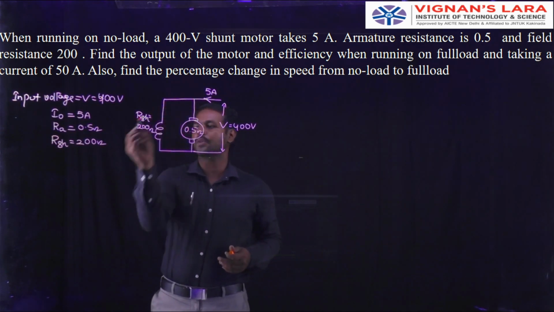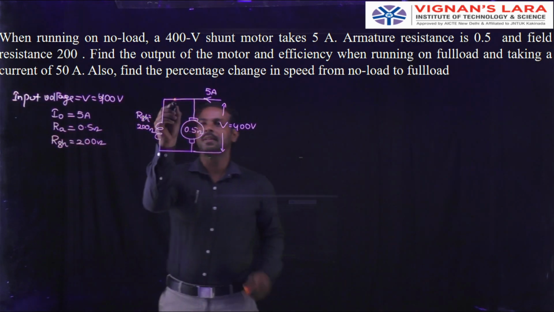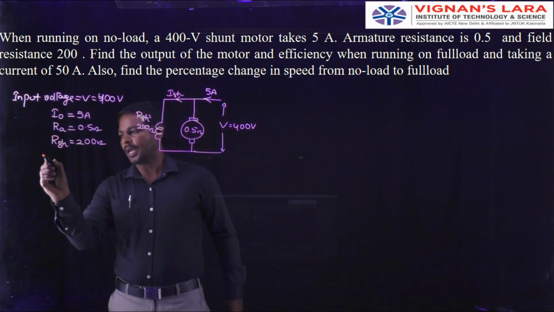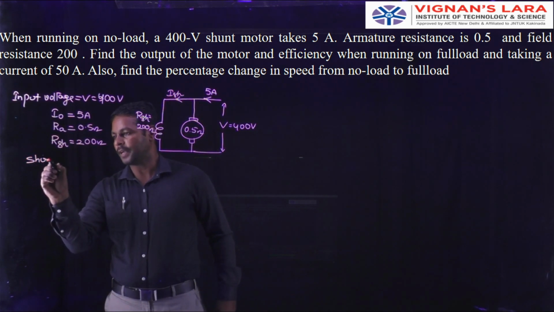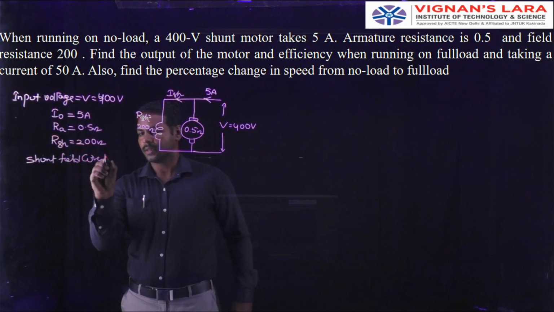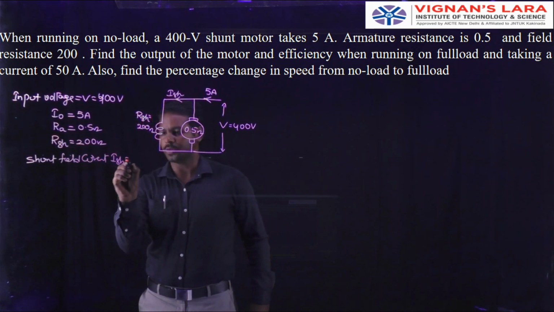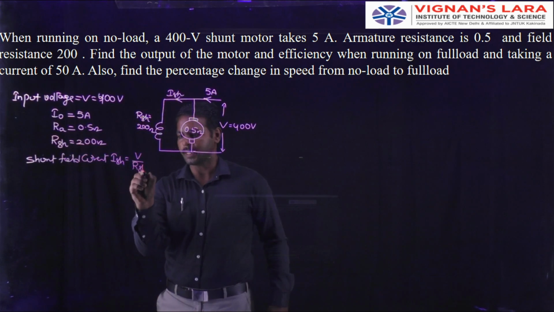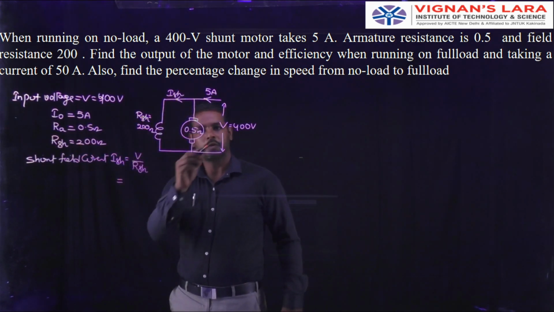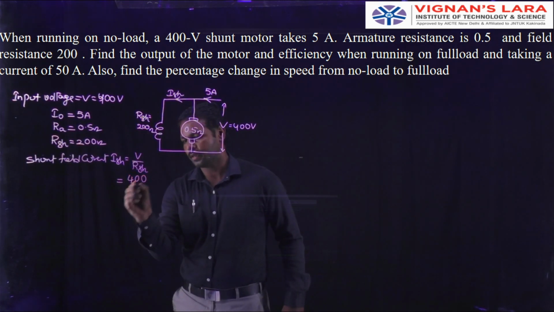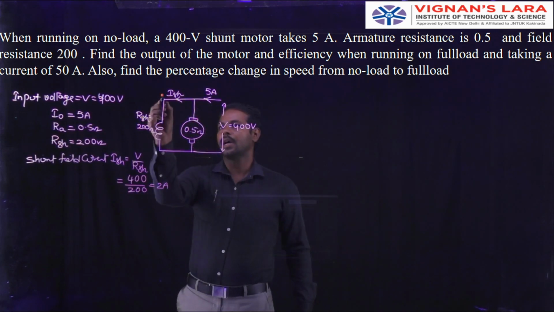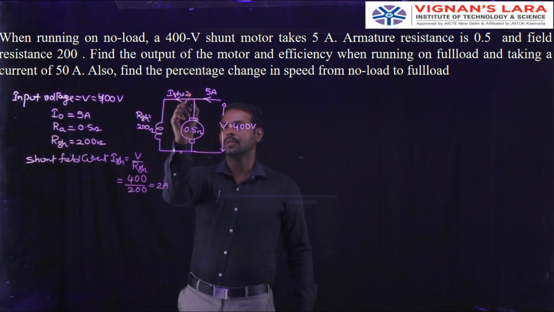Before going to the measurement of all these parameters, first of all we can find out the shunt field current ISH. ISH is equal to voltage divided by RSH, which is equal to 400 divided by 200, which is equal to 2 amperes.